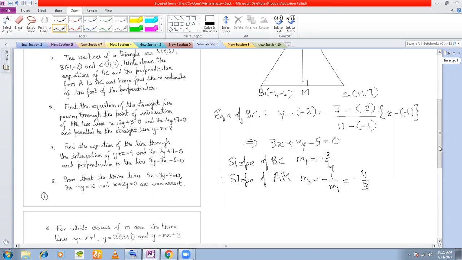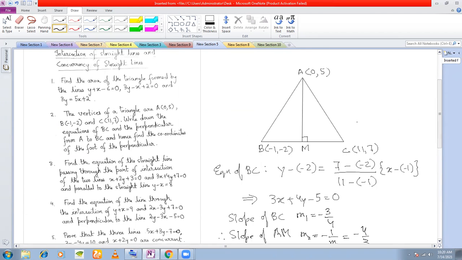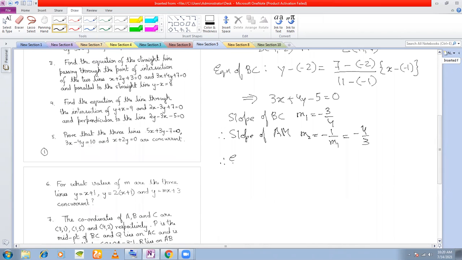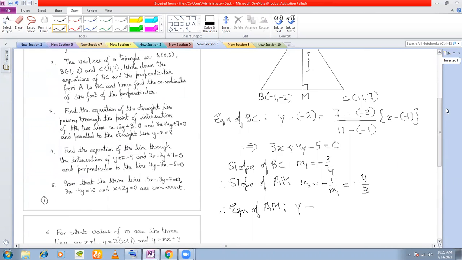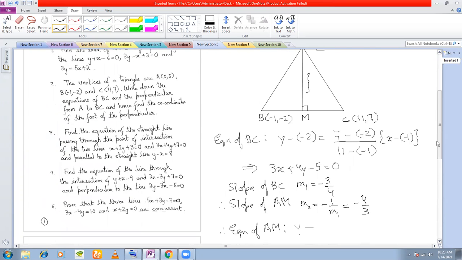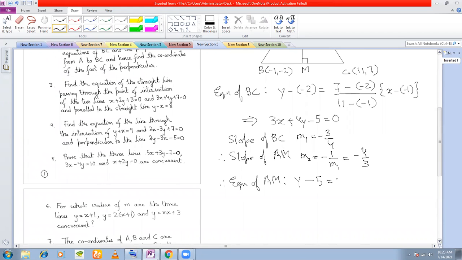Now you know the slope of AM, and you also know one point on this line. So what should be the equation of AM? Y minus y1, which is 5, is equal to M2, the slope of AM, into x minus x1.